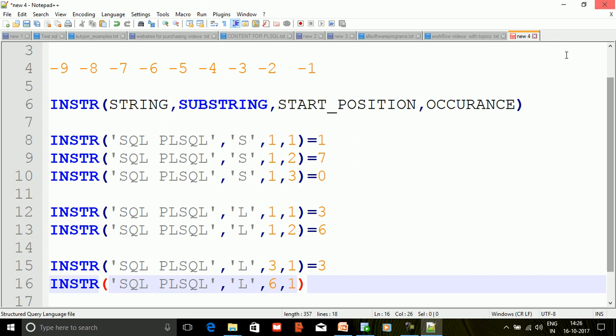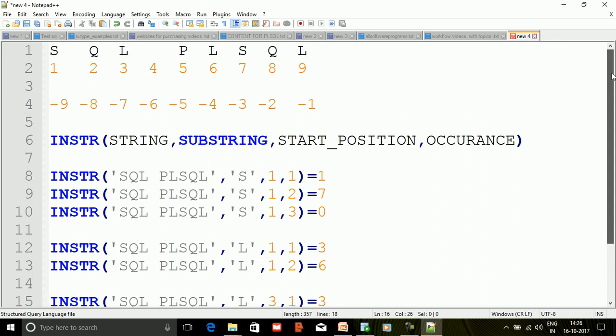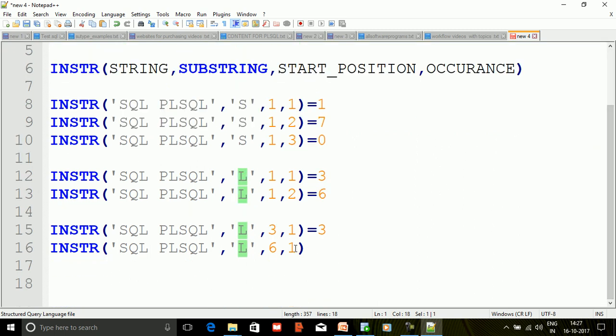So the engine will start from the starting position 6. What is position number 6? Yes, here this is 6. When it starts, the occurrence of the L is immediately L equal to L, right? So it will return 6, because you have given occurrence 1, and it should start from position number 6. So it will return 6. Let us execute it.